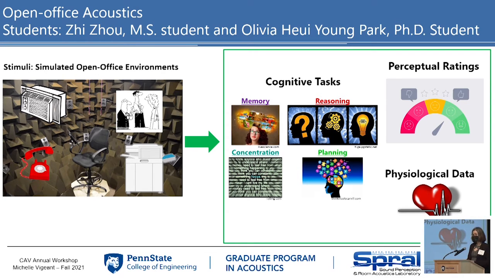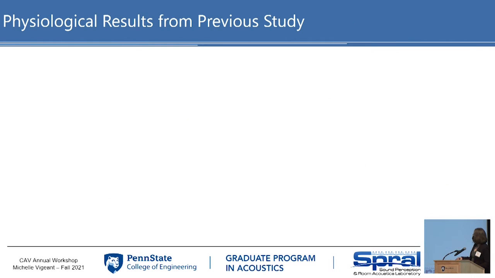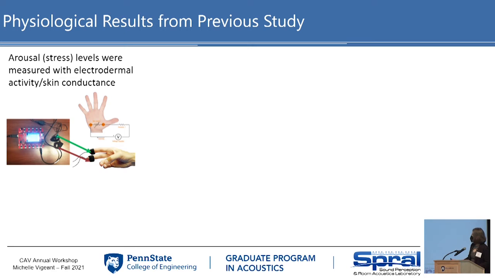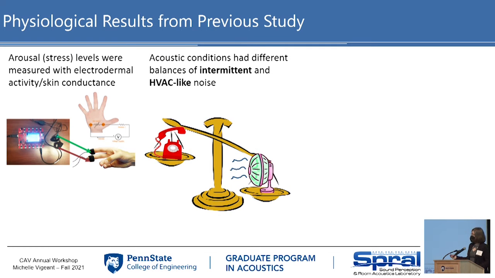So this project is underway with data collection now just beginning. This is a continuation of a previous project where, in addition, we did measure heart rate. We also measured skin conductance, also known as electrodermal activity. The salinity on our fingertips changes as our stress or arousal level changes. In this case, we had both the HVAC noise and the intermittent noises with different balances.